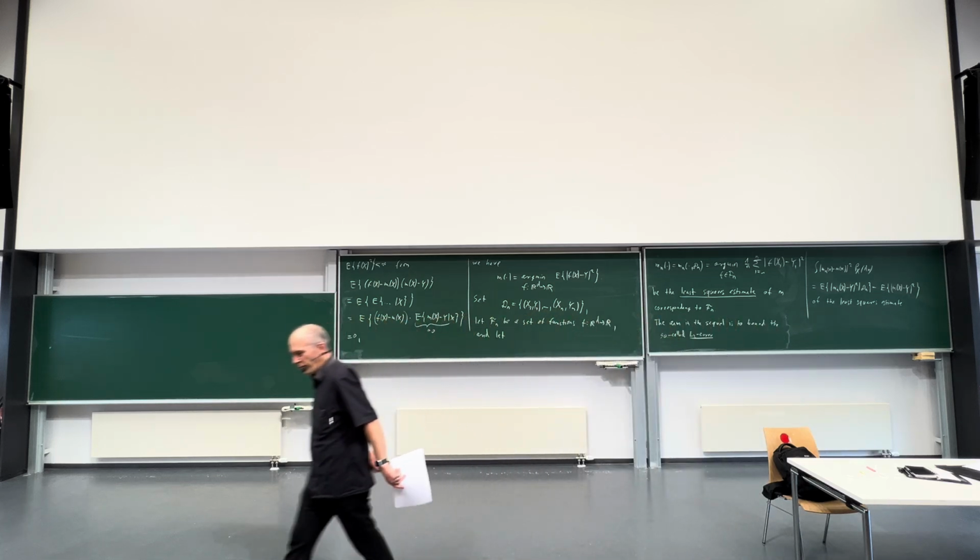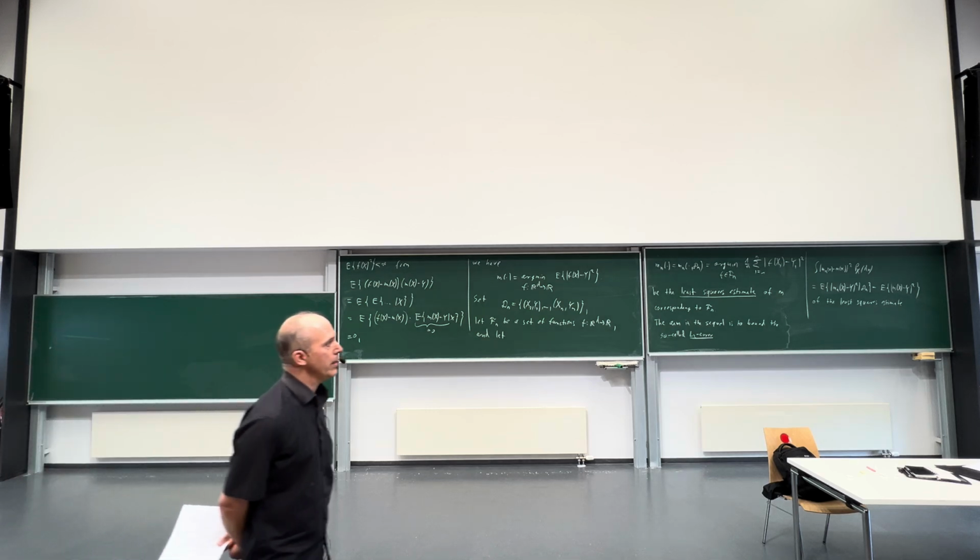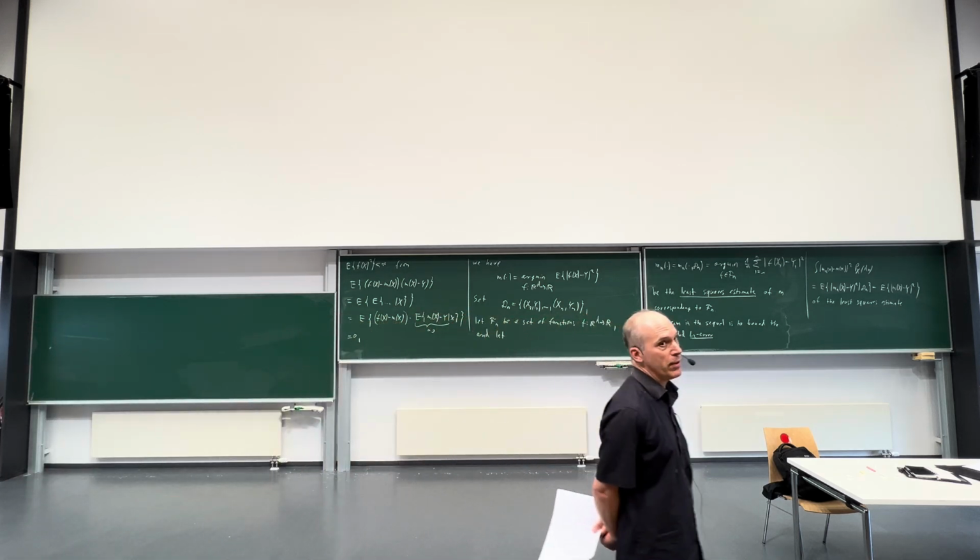Well, to bound this error, which is the difference between the L2 risk of the regression estimate and the L2 risk of the regression function, I consider an empirical version of it, where I replace the expectation by a sample average.